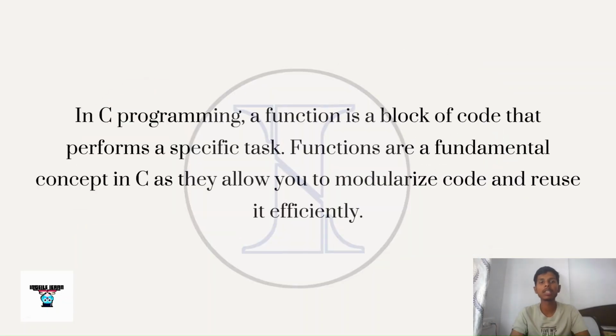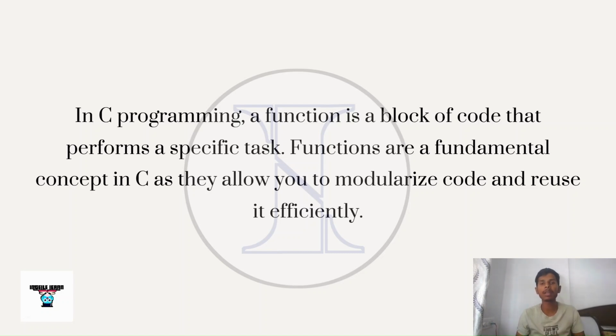The definition is: in C programming, a function is a block of code that performs a specific task. Functions are a fundamental concept in C as they allow you to modularize code and reuse it efficiently, that is effectively as well.